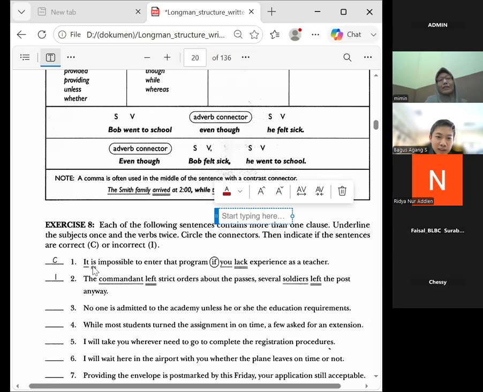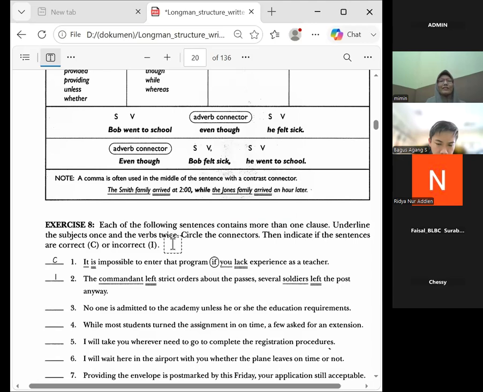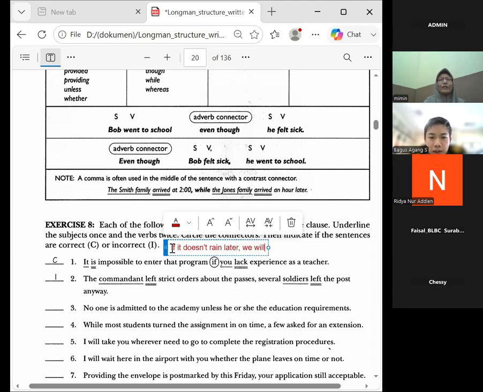Perhaps you have this question: it is impossible to enter that program if you lack experience as a teacher. But I can say, for example, like this: if it doesn't rain later, we will go out for dinner.